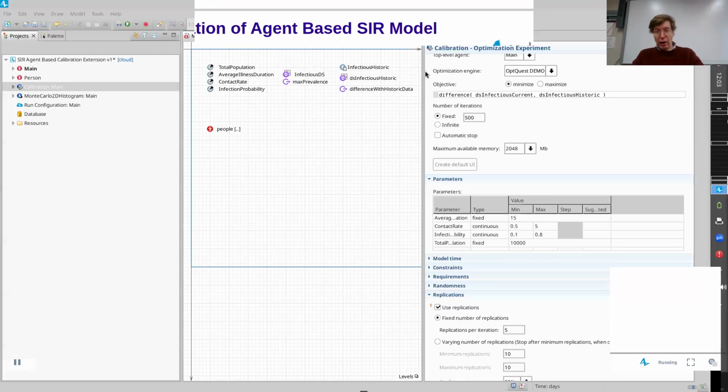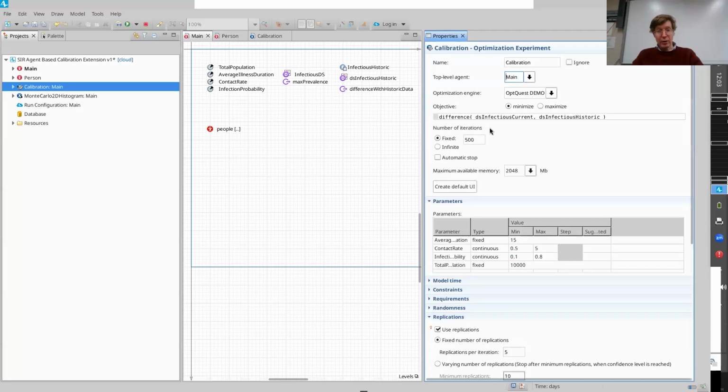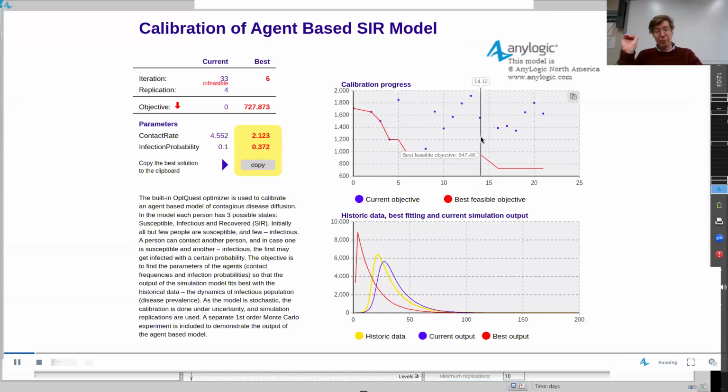Now, I will note that this said to run this for 500 iterations, in other words, 500 different parameter values. The best output thus far is still not that great a match.